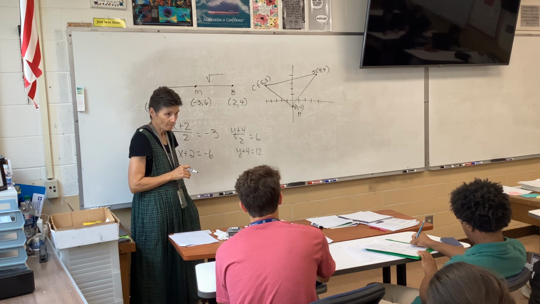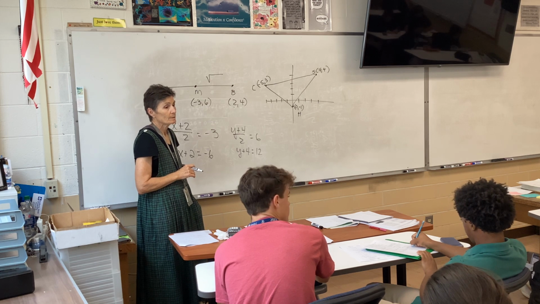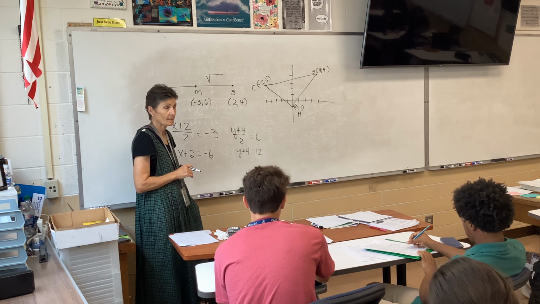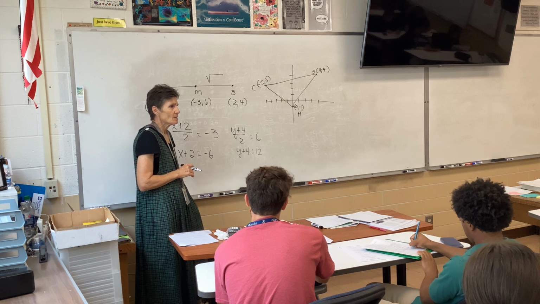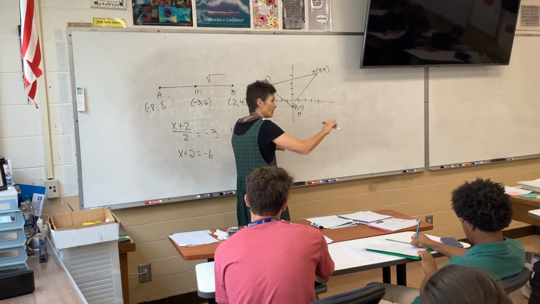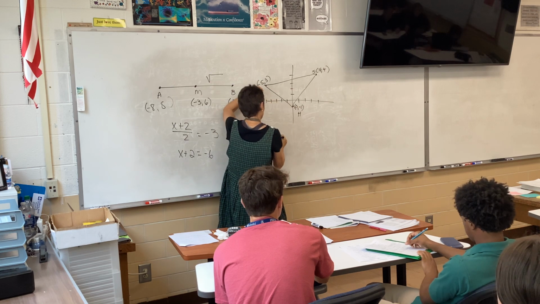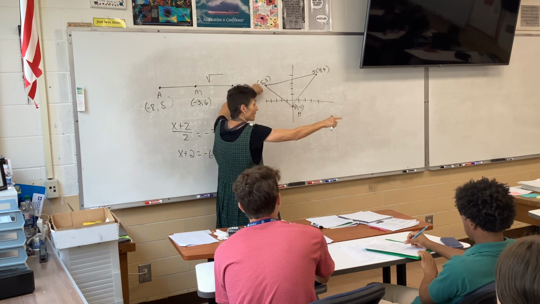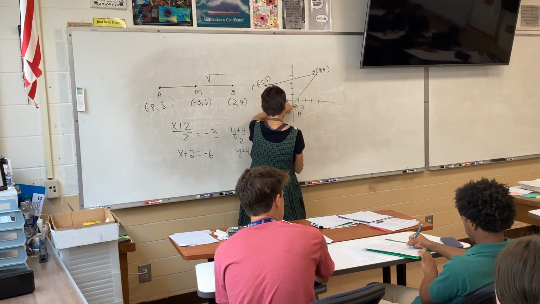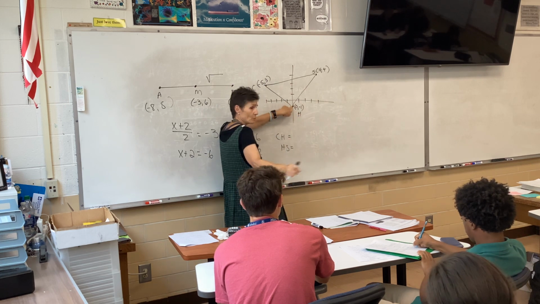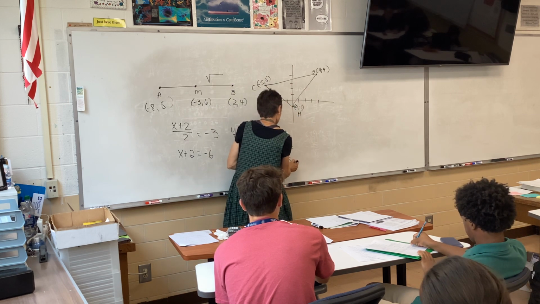What's perimeter mean? Distance around, all the sides added up. I think that's pretty easy, right? So let's divide and conquer. You first row over there, would you find CH? You guys in the middle, would you find HS? And you guys over here, would you find CS?